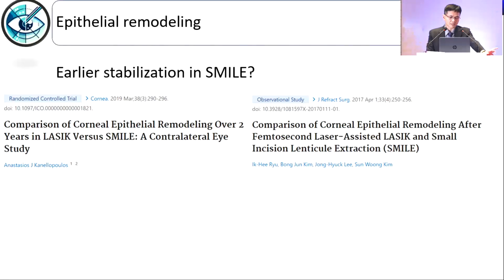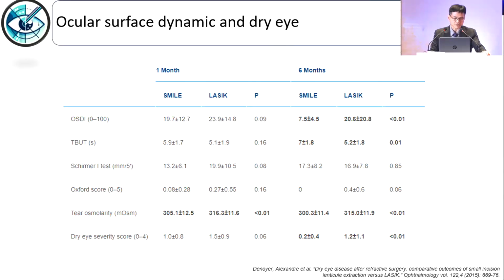There is some argument about earlier stabilization in SMILE patients. Some studies point out that especially with the LASIK procedure there is greater corneal epithelial remodeling, but on your left, this paper published in Cornea in 2019 found that at 2-year follow-up there's no difference between these two procedures.